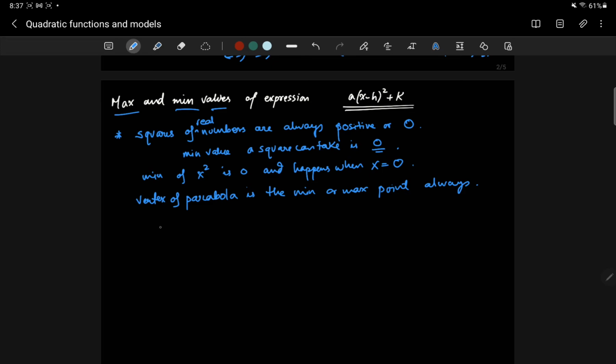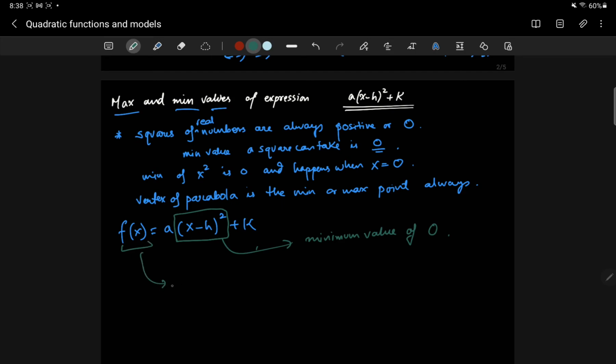Okay, so let's look at this expression: a times x minus h squared plus k. The only thing we can say for sure is that this has a minimum value of 0, right? Which means that if this is my function, then it will be minimum if this is true.